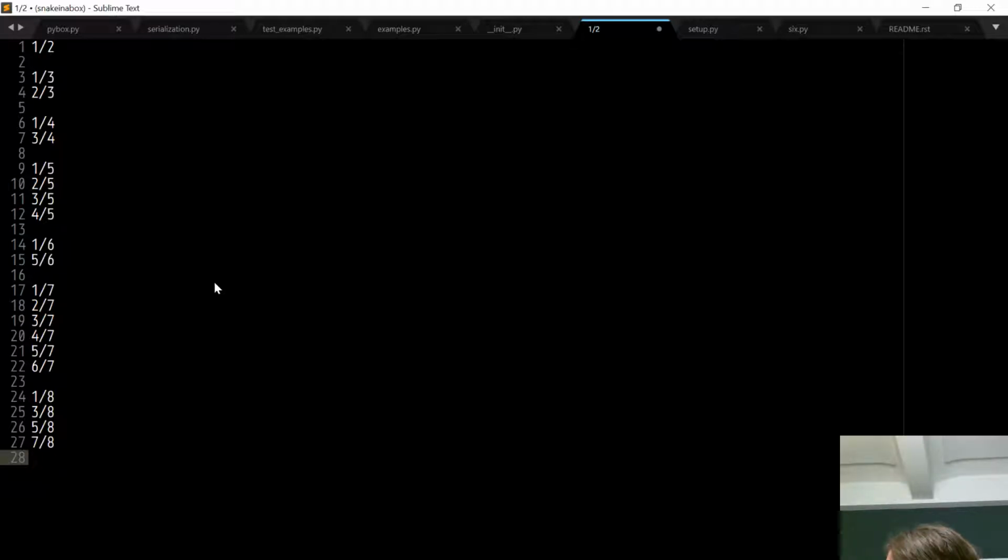I said 14 will have the same numbers as 7, which is 7 minus 1. Because, for example, 21 will also have the same because it's 7 times 3. So we will remove all 3 divisors and that's it.